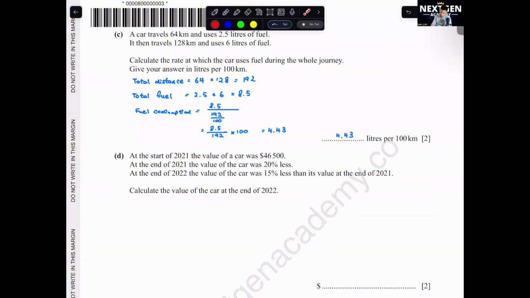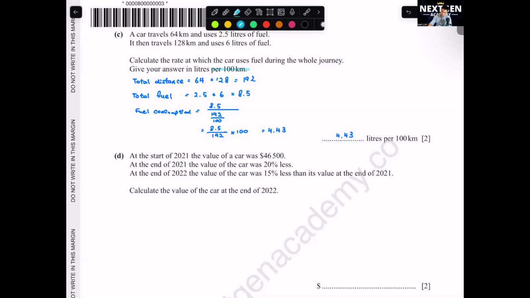We want this per 100 km because this is km also. We want to base it per 100 km because of this sentence here. Every 100 km, how much fuel does it use?